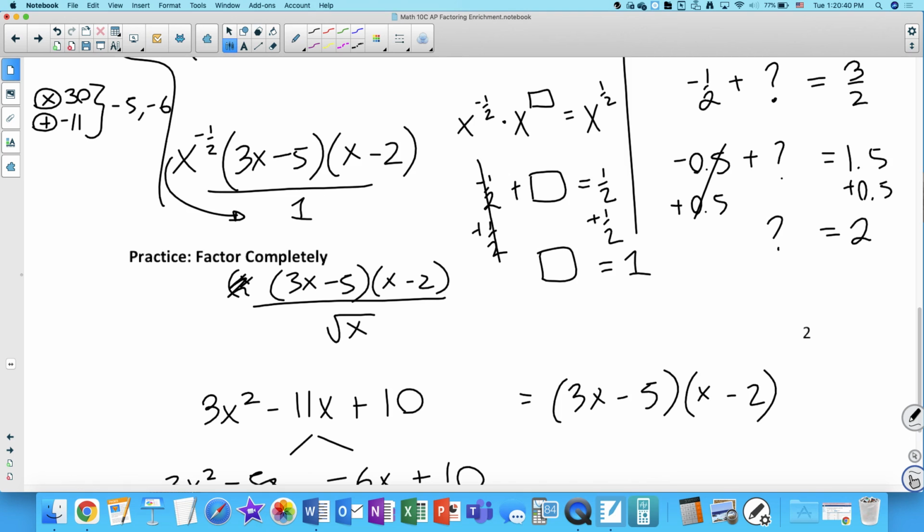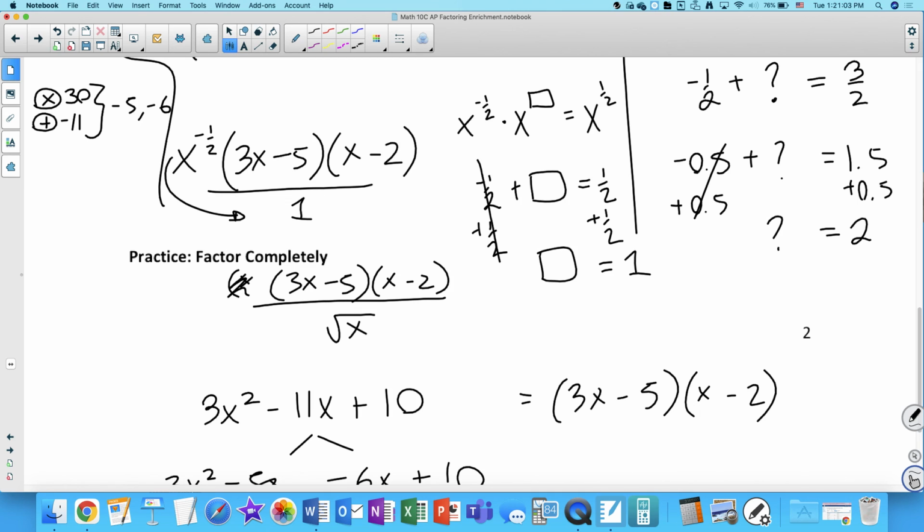So the only x values that will work for this expression, where it is actually defined, is when x is greater than 0. Okay? Now, it's hard to see in the original format. If I have it in this format, it's a little easier to see that the denominator can't be 0.